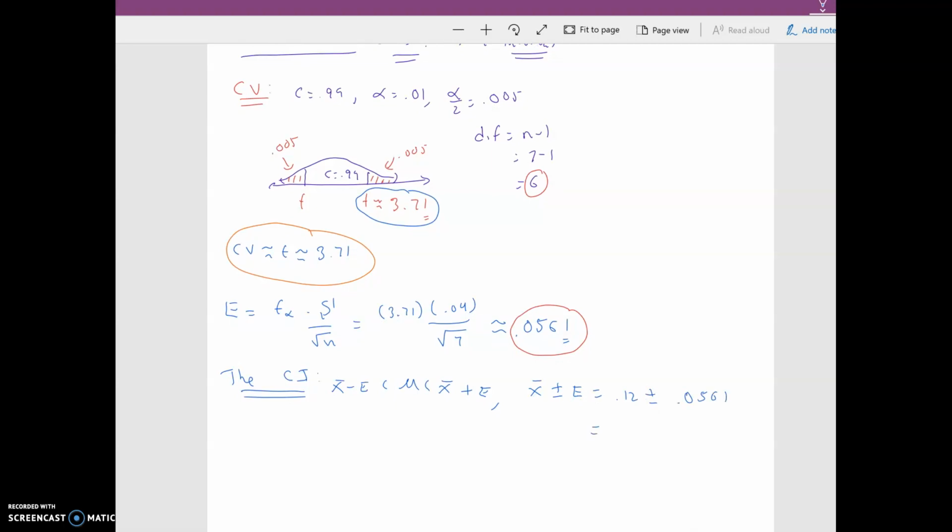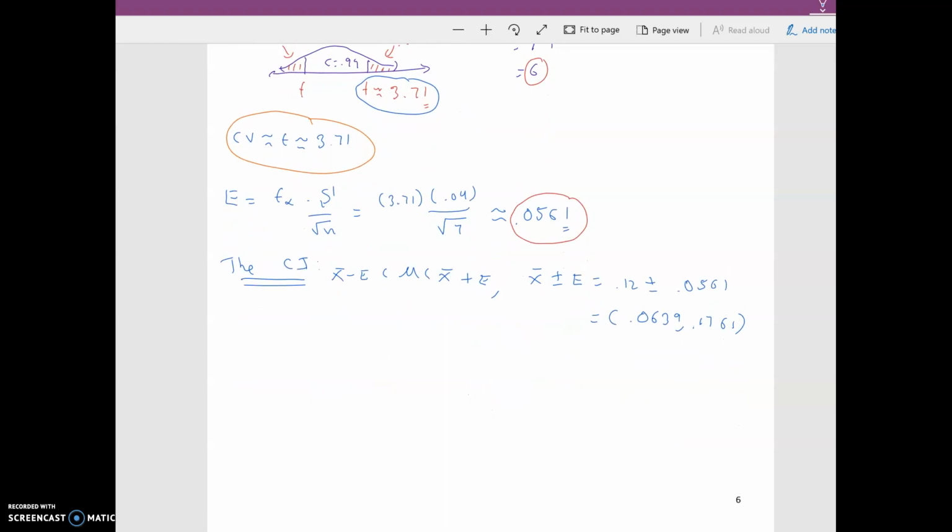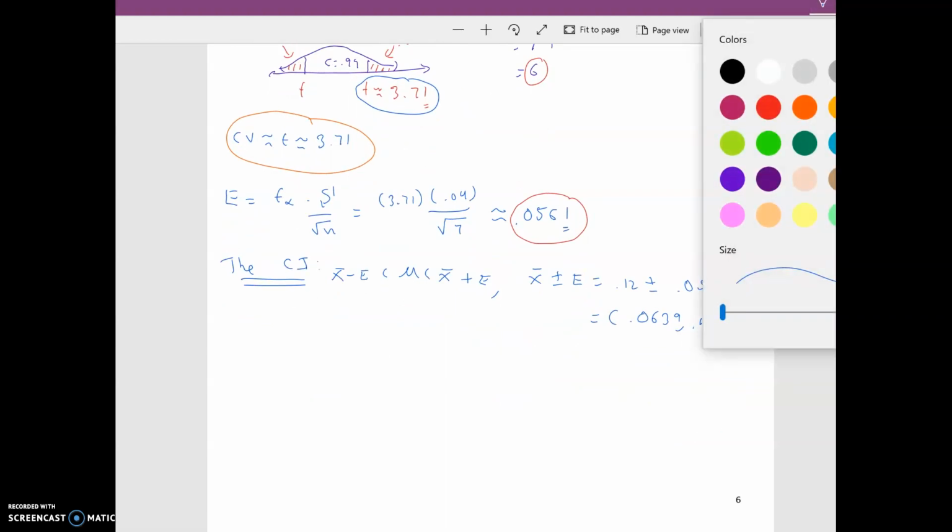So take a second and calculate that. The interval that I'm getting is 0.0639 and then 0.1761.